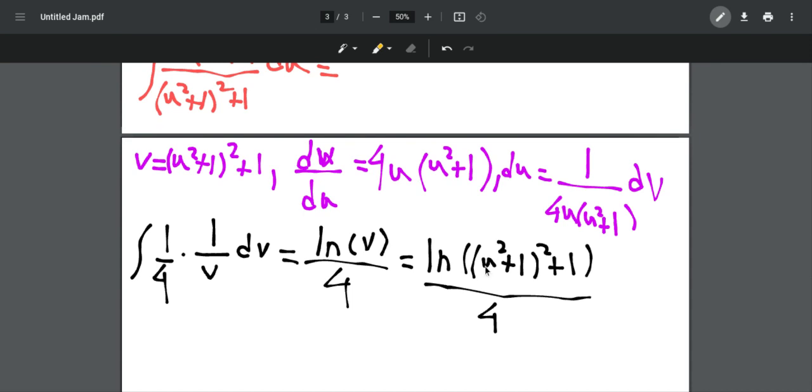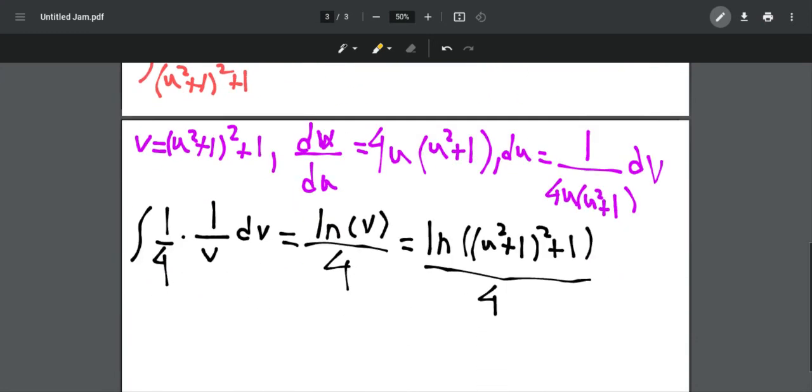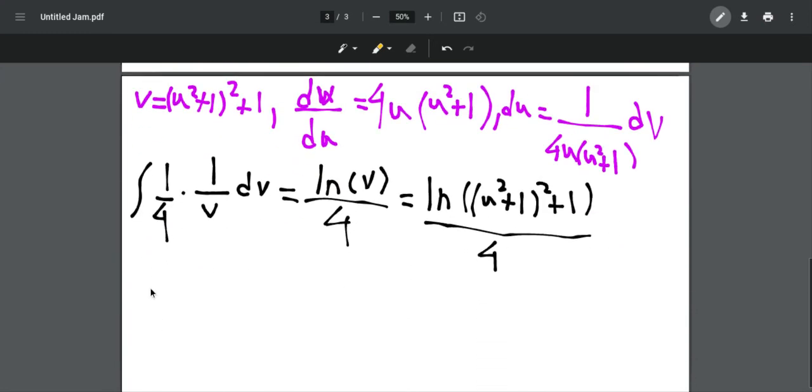Now we should do another substitution, plugging back in our first substitution, where we let u be equal to tangent x.